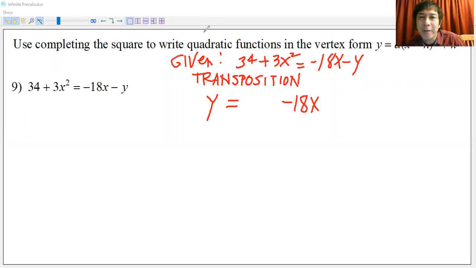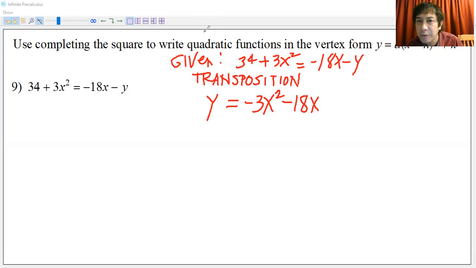Okay. All right. What we're going to do is the 3x squared at the left side, we will move that to the right. Okay. If you do that, that positive 3x squared becomes a negative 3x squared there. All right. Remember, if you do transposition, the sign will change. Okay. If you move the term from left to right or vice versa.